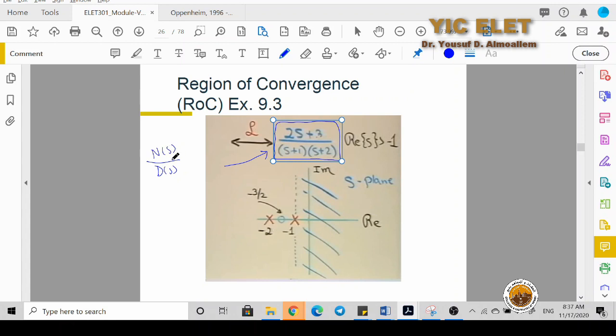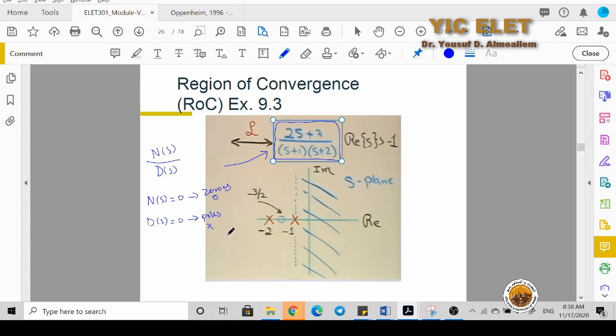So when N of s is equal to 0, we call them the zeros. And when D of s is equal to 0, we call them poles. And for zeros we use the symbol of a circle, and for the poles we use the symbol of x.